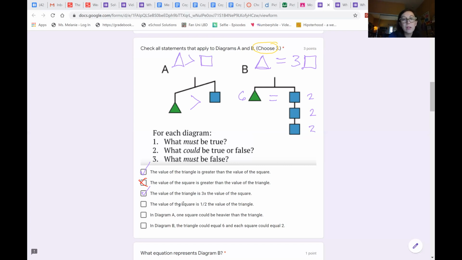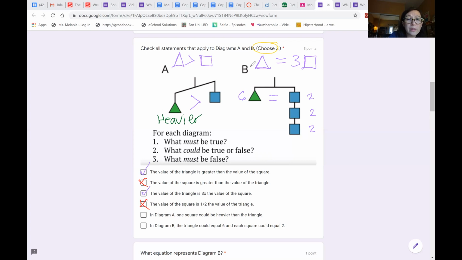Okay, the statement says the value of the square is half the value of the triangle. Well, if that was true, then if the triangle was 6, each square would be 3. So this one's not true. In diagram A, 1 square could be heavier than the triangle. We said that the triangle was heavier because it's weighing it down.